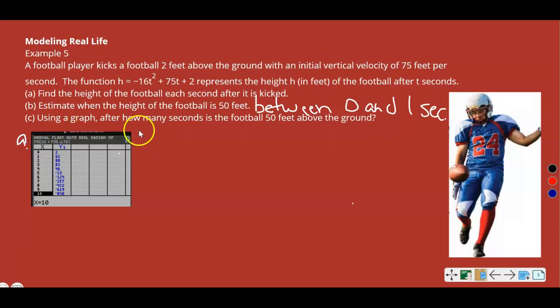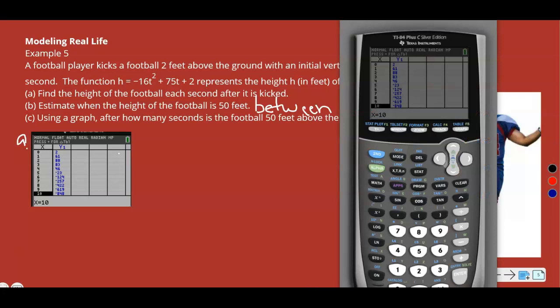And then it says using a graph, after how many seconds is the football 50 feet above the ground. All right, so let's graph this function. And if we hit trace, our little cursor shows whatever the x and y value is. So we can bring this down. Let's go between 0 and 1 second. As we're going up, there's 61. You see at 0.72, it's at 48 feet. And at 0.79, it's at 51 feet.